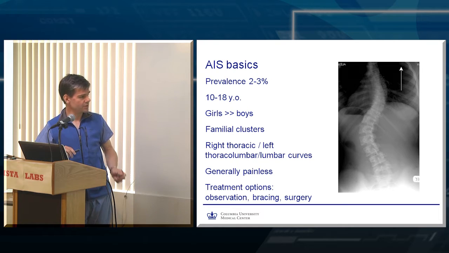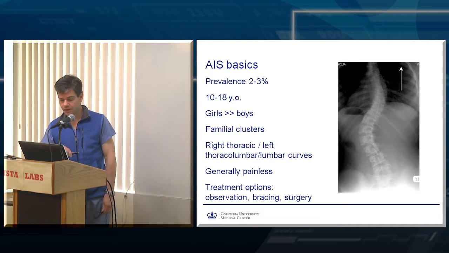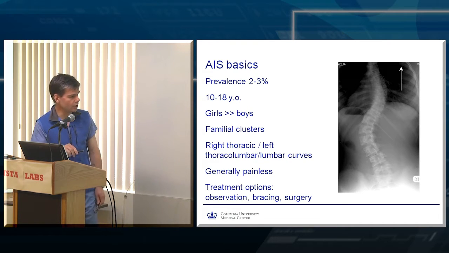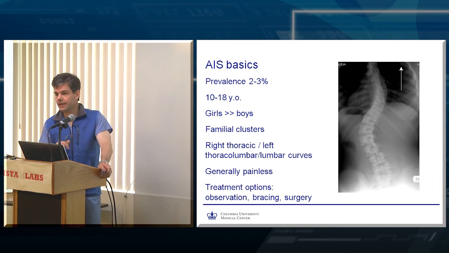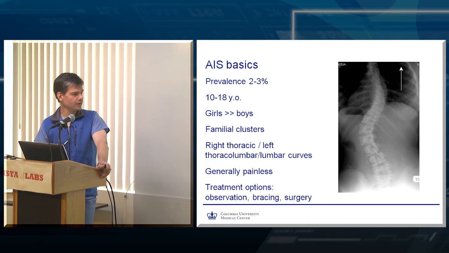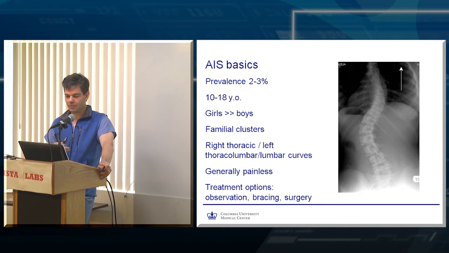If it's the opposite of that, then it probably warrants some evaluation to make sure that there's not an underlying cause. It's rare that AIS causes pain. There is this whole issue of backpacks and low back pain in adolescents, and like in adults, there's a reasonable low-level prevalence of low back pain, activity-related sort of thing, and that's probably not related.